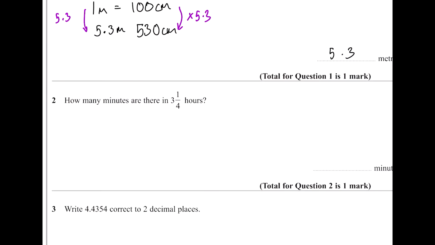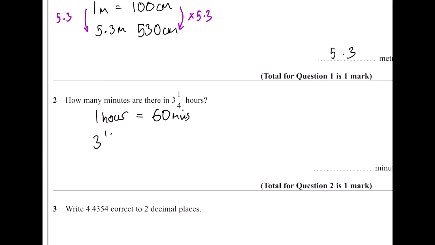Okay, next one, how many minutes are there in 3 1/4 hours? Well, what we can do here is use the fact that 1 hour has 60 minutes in it. So if 1 hour has 60 minutes, then 3 1/4 hours must have, so we times by 3 1/4.